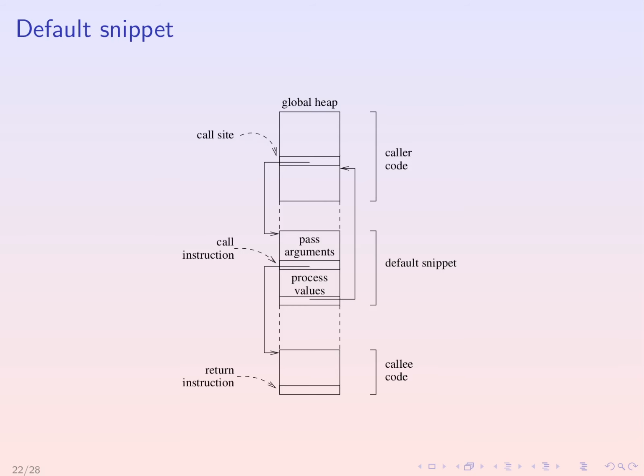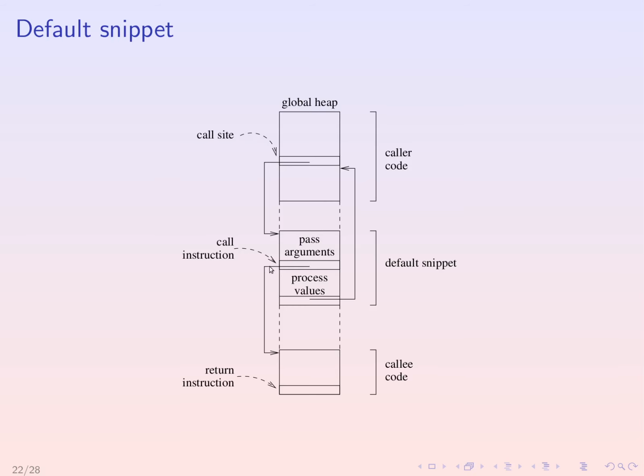So we can illustrate the default snippet this way here. We have again the code for the caller, the unconditional jump to the default snippet, and the default snippet starts by accessing the arguments from the stack or the registers of the caller and puts them in the pre-agreed upon places.